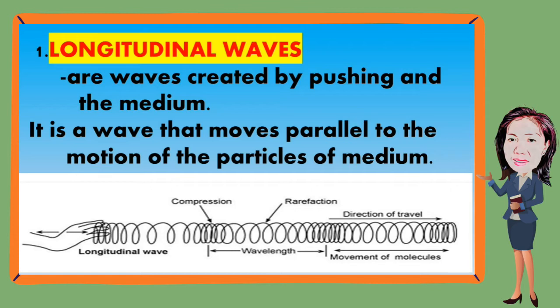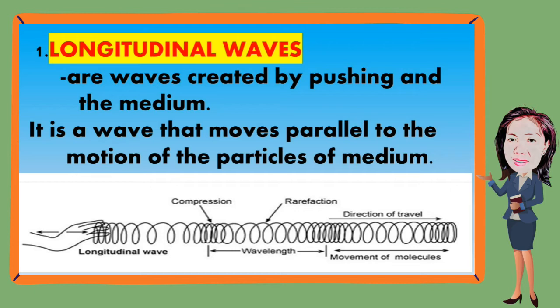If there is a force applied, like for example, pag i-pluck natin ang string of the guitar, so what happened is merong force na sa mga air particles. So what happened to the air particles? They are oscillating, moving back and forth, forming one part na nag-compress.